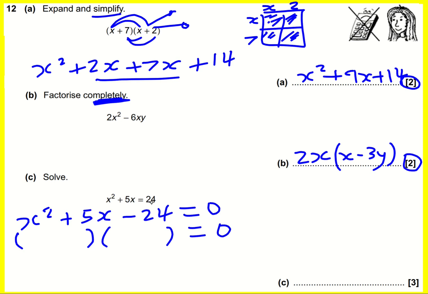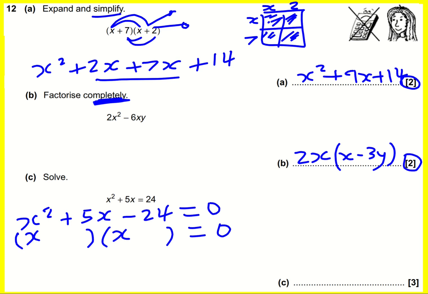Let's see. So we need two numbers that multiply to give, because I know I'm going to put an x here and an x here. And I need two numbers here and here that are going to multiply together, like when we did the crab claws up here, to give minus 24, and they're going to add to 5. Because if you look at this, the 7 and the 2 add to 9.